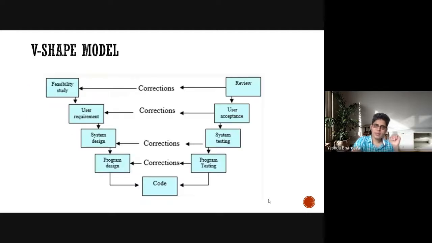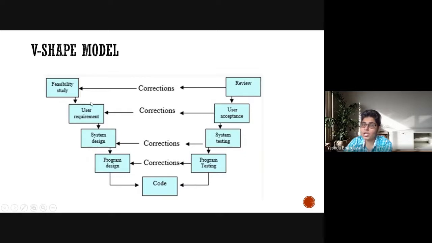So to rectify this approach, another model was proposed, which is called the V-shaped model. It's called the V-shaped model because of the way in which it is approached. Essentially, it is a waterfall model, but certain changes have been introduced. At each stage, when you're doing a feasibility study, you review the results of the feasibility study, and once you do the review, you see the corrections, you again do the feasibility study, and only then do you percolate down to the lower level of user requirements.